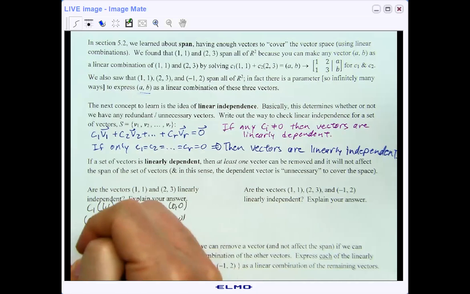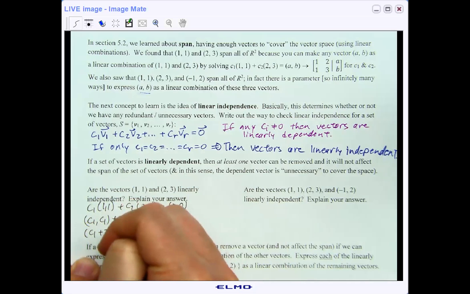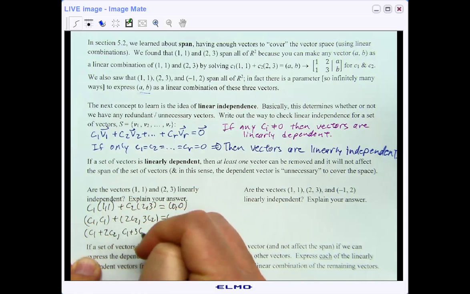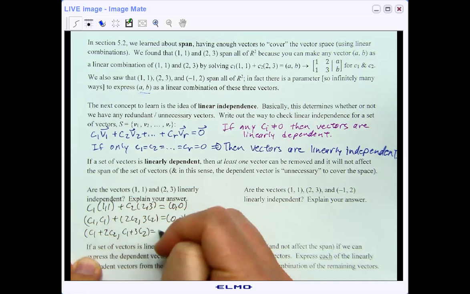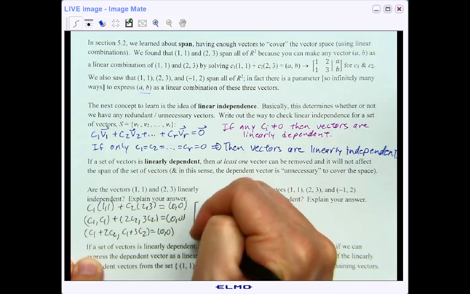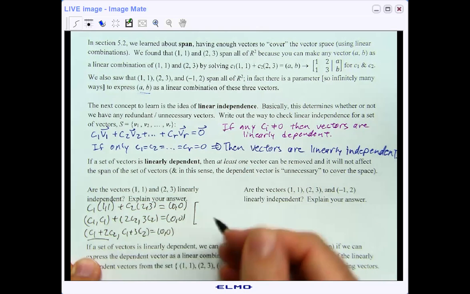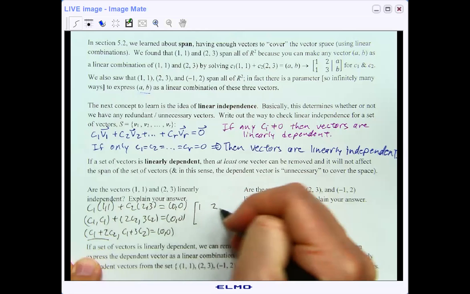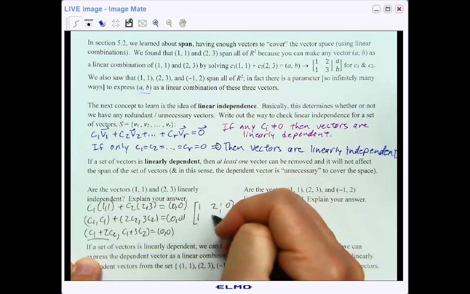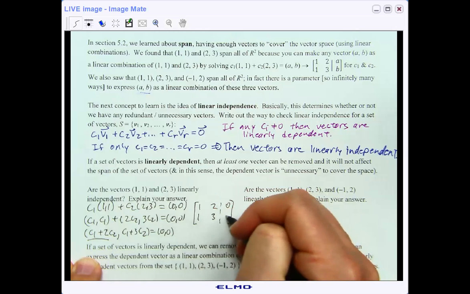That sets up a linear system: c1 + 2c2 equals 0 and c1 + 3c2 equals 0.